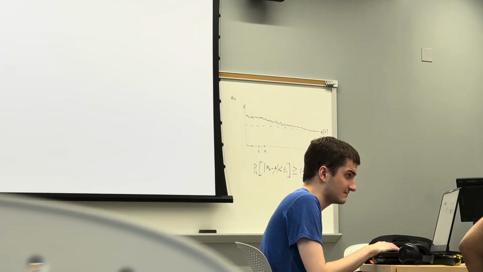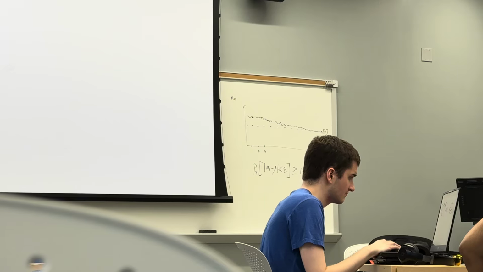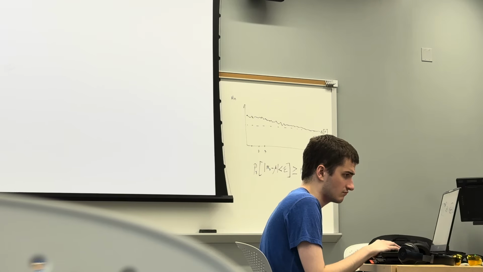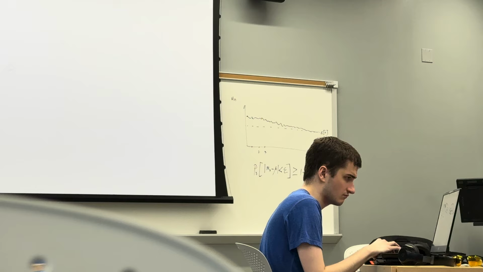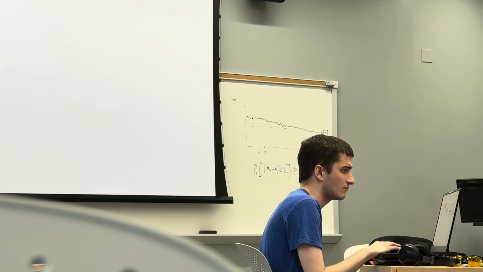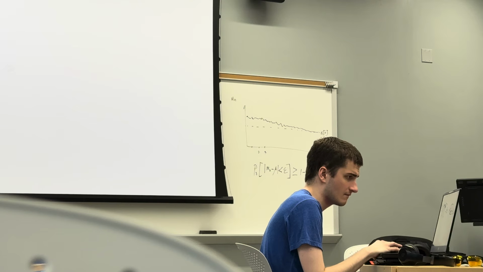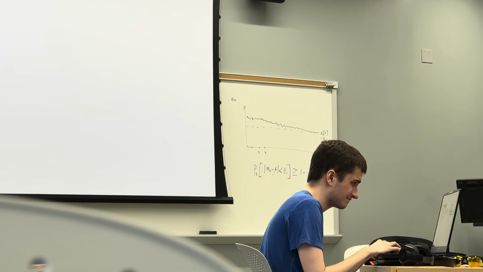So now it becomes a function of n. For additional measurements, you can make this conclusion: with probability 100%, the sequence of sample means eventually approaches the true mean, which is trivial.